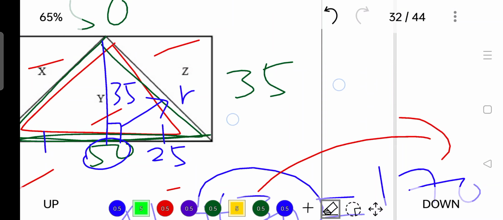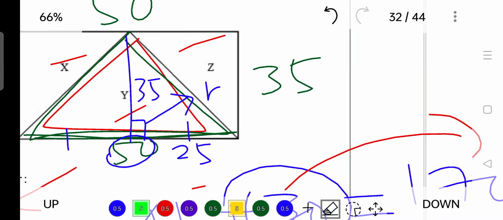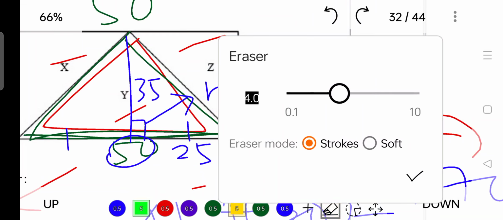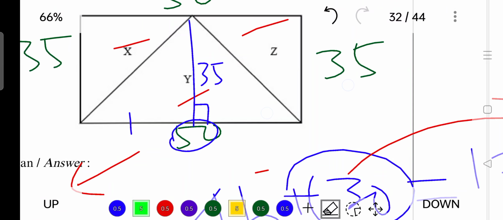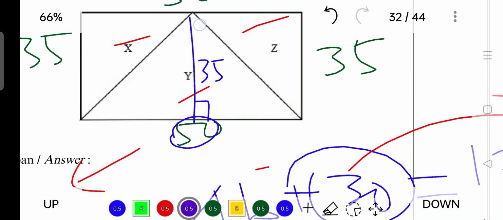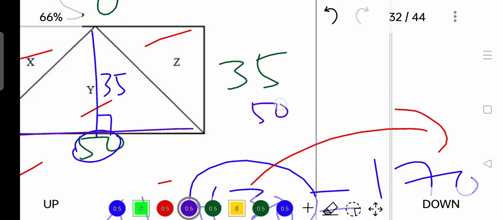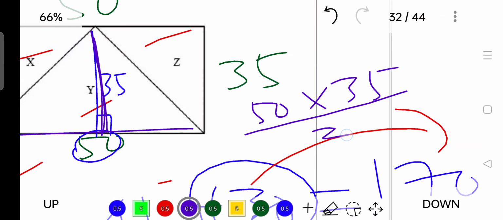No, because they just want the area of the largest triangle, right? So actually I don't need to find the length of this place. I simply can take 50 times the height, which is 35, and divide it by 2.